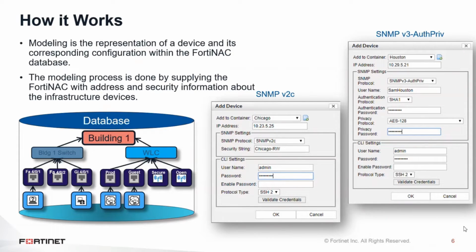So FortiNAC uses this information to identify the type of device that it is communicating with, and then going forward to query the device for visibility information and to manage the device for control and response purposes. The ports and SSID information is also linked. So the point of connection details is known for each endpoint that connects via the modeled device.